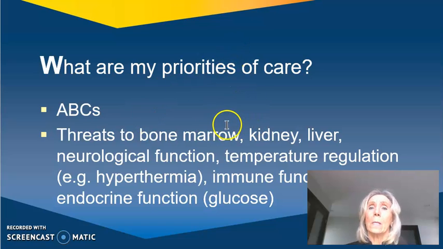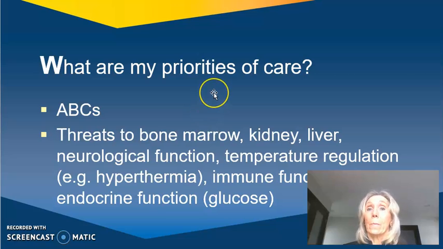So you learned about some of these things in your prior modules, and you really learned about toxicities and such. A priority of care is going to be if a drug has toxicity to the bone marrow, causing problems with white blood cells, red cells or platelets. It's going to be a problem with kidney or liver problems because it might create problems with drug metabolism and excretion.